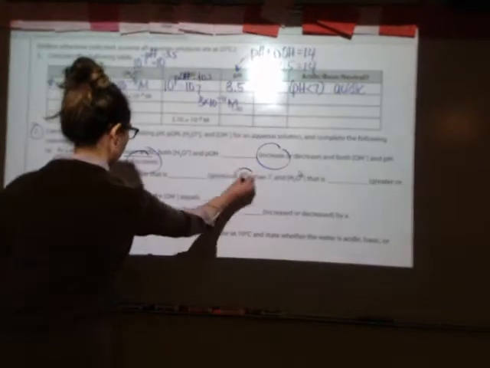B, a basic solution has a pOH value that is blank than 7. Less. Look at the table on the previous page. Less than 7. And the hydronium ion concentration is less.